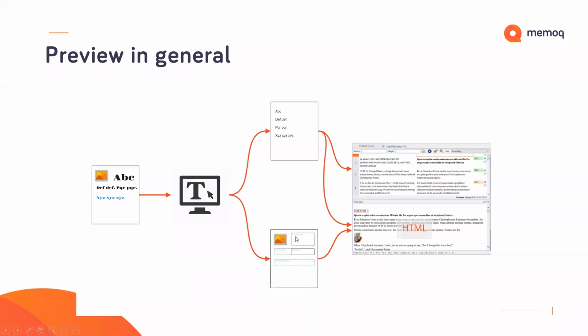Images, sizes, colors, whatnot. And then what you get in memoQ is something I think most of you have seen a lot of times. In the top, in the translation grid, you have the text with a tiny bit of formatting. And in the bottom, in the preview panel, you have a kind of similar thing to what you had in the beginning.